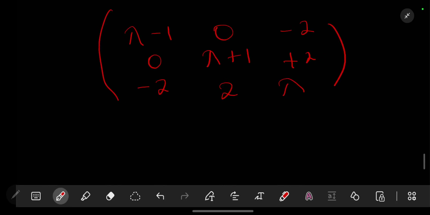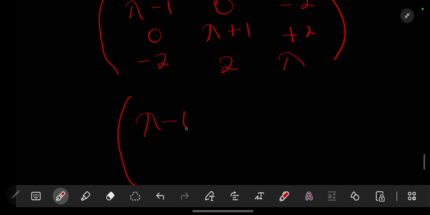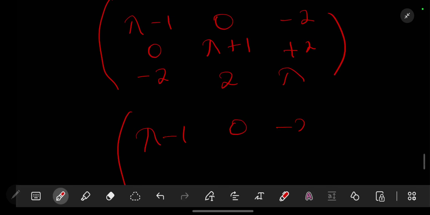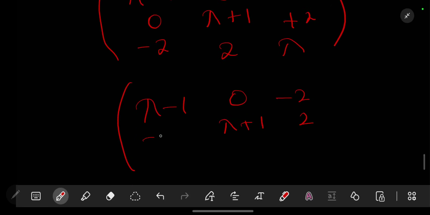Then from there, we are going to say our lambda minus 1, we have 0, we have negative 2, we have 2, lambda plus 1, we have negative 2, then down here we have negative 2, we have 2, we have the lambda.